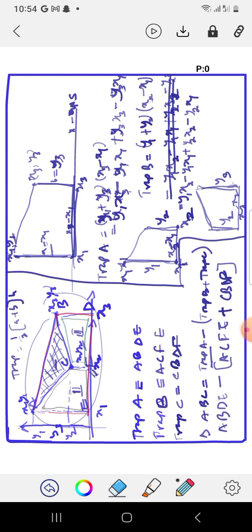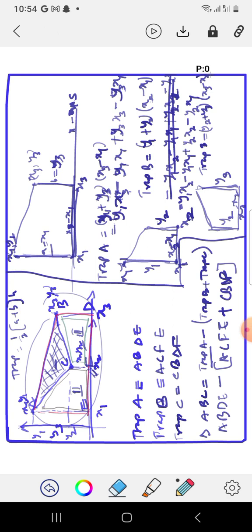Okay, so we can now start talking about trap 3. Trap 3, that's going to be y2 plus y3 times x3 minus x2.